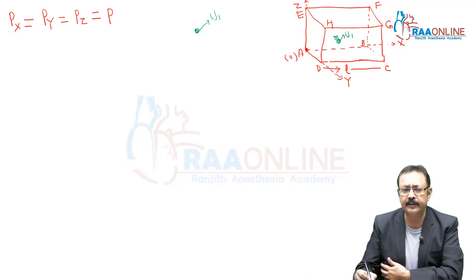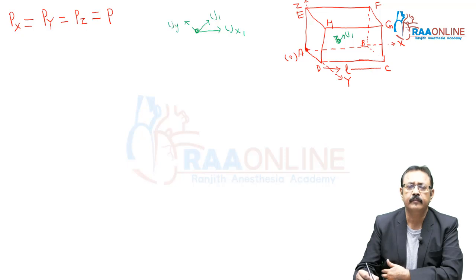I resolved its velocity into 3 components: x component ux1, y component uy1, and in the direction of the z-axis its component uz1.